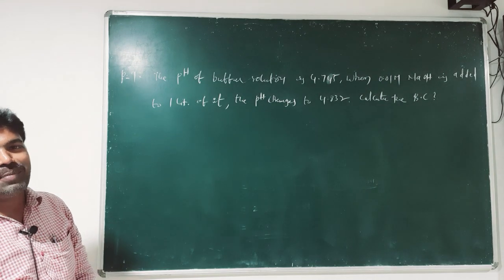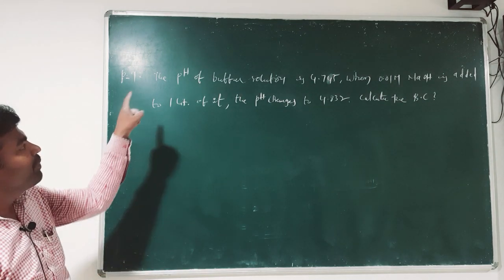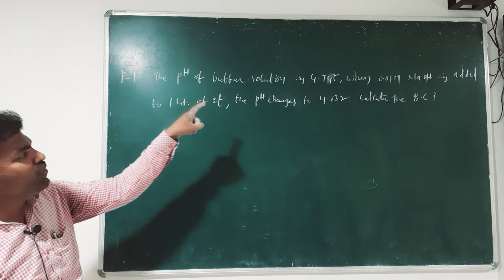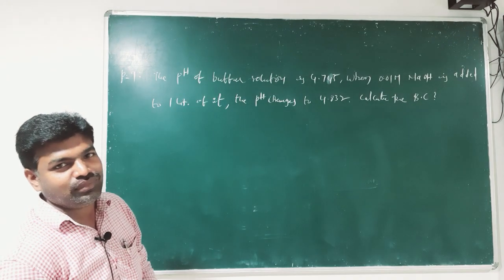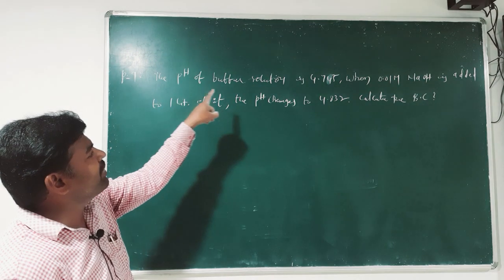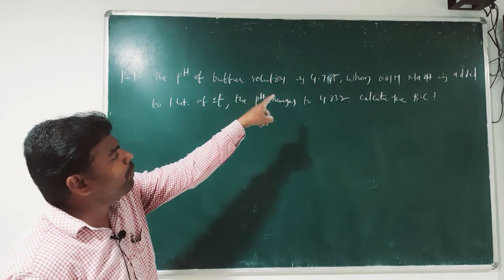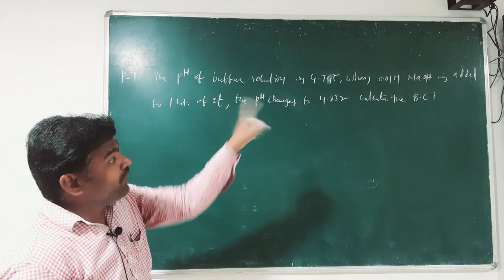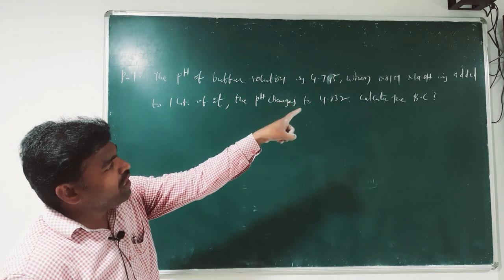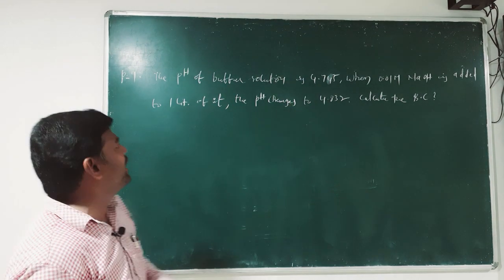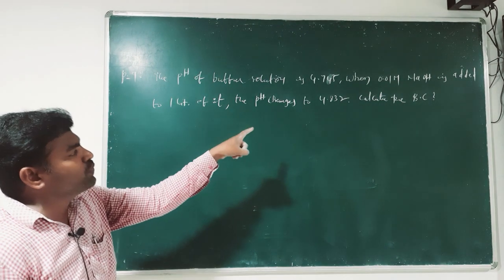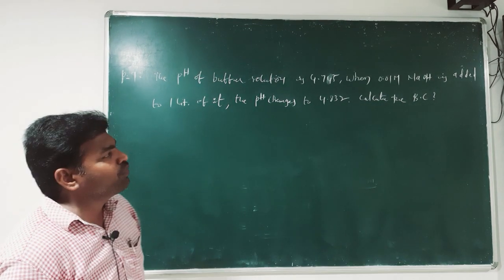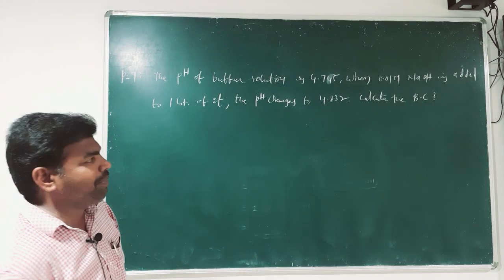Okay, and problem 9 is: the pH of a buffer solution is 4.745. When 0.01 molar NaOH is added to 1 liter of it, the pH changes to 4.832. Calculate the buffer capacity.